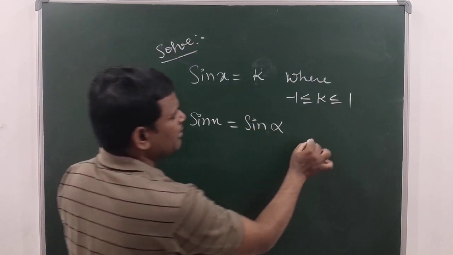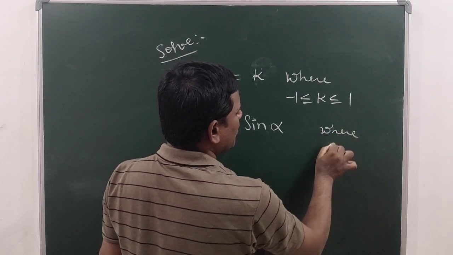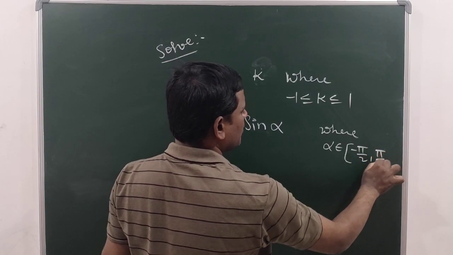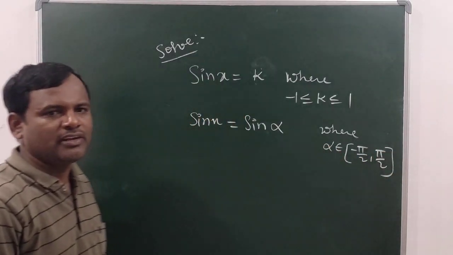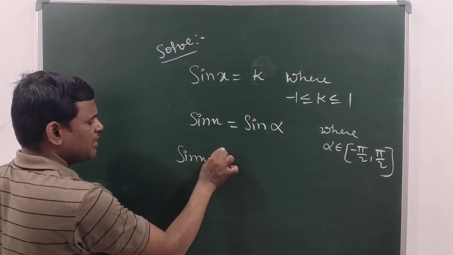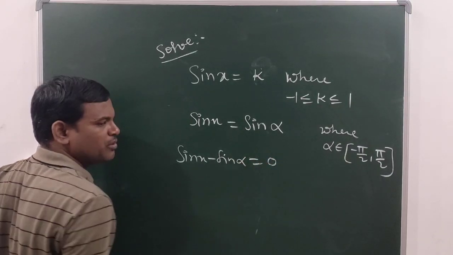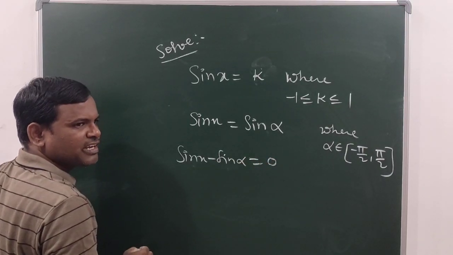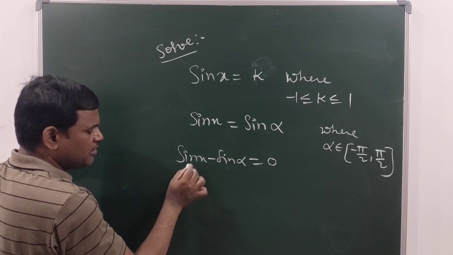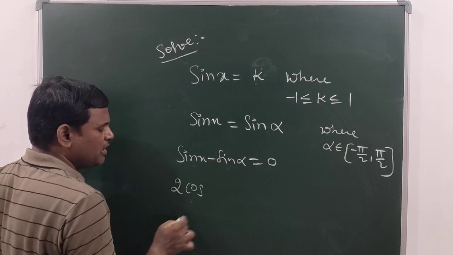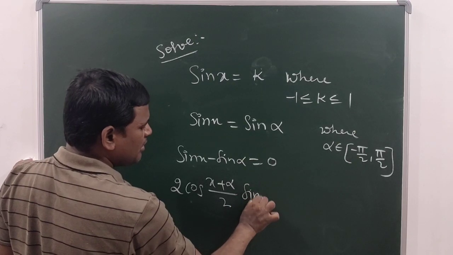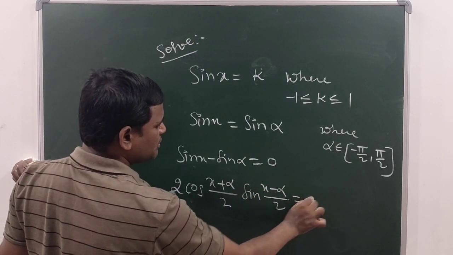Observe that alpha belongs to the principal domain of the sin function, and bring it to the left side. Sin x minus sin alpha is equal to 0. It is looking like sin c minus sin d. So if you write that transformation formula, what do we get here? 2 cos of (a plus b) by 2 sin of (a minus b) by 2, which is equal to 0.